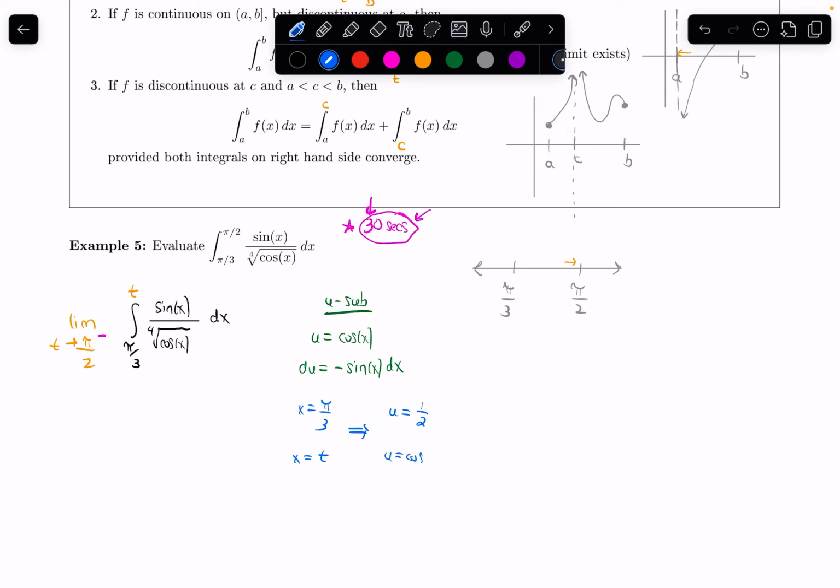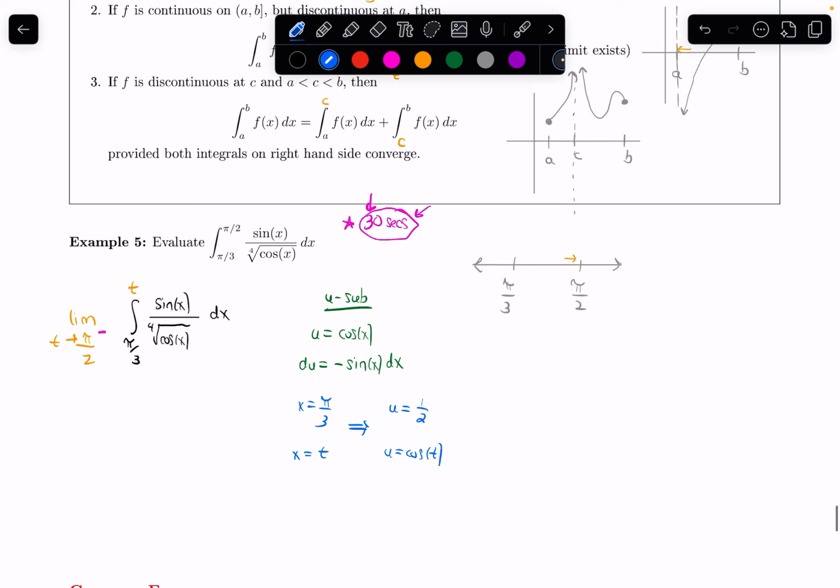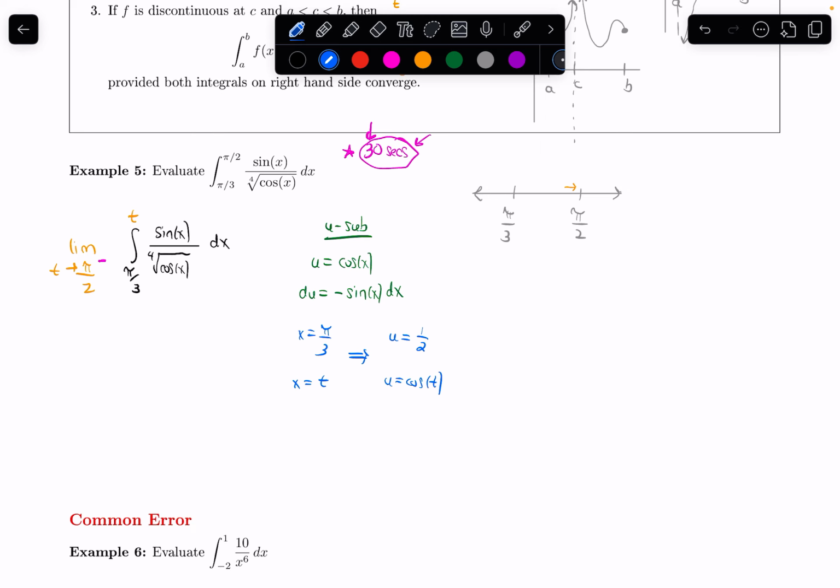And if I plug t in, I get u equals cosine of t. Okay, so now I know what my limits of integration are in terms of u. So let us plug these in. I'm getting this limit as t approaches pi over 2 from the left, where that lower limit has now become a 1/2 and the upper one has become cosine of t.